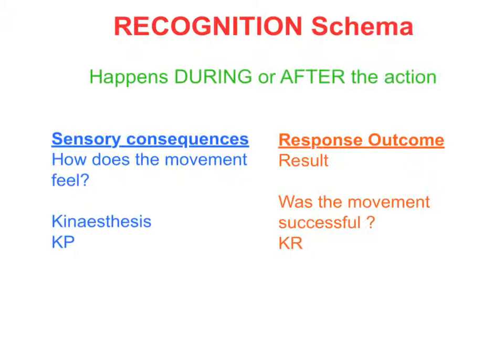Now the idea of schema theory is that we learn from our mistakes. So if that was something that I did wrong and I felt that catch go in the wrong part of my hand, and that the outcome was that I dropped the catch, the idea is that next time I was in those same initial conditions, i.e. the ball's travelling up into that same position and I'll need to catch it, I would make sure that I get my hand up a little bit higher and make sure that the bulk of my hand and my palm actually catches the ball, and that would be my response specification in those same initial conditions.